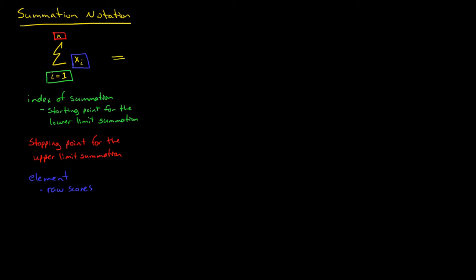So if we kind of just draw an arrow over here, all this means is you're going to be summing from the very first score in the data set through all n scores in the data set. You take the first x raw score, add it to the second x raw score, add it to the third x raw score, and keep adding all those scores through n number of raw scores.